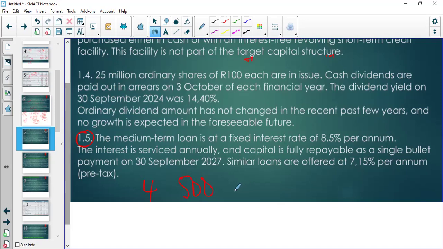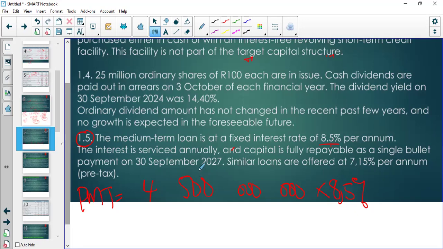I think that's million, right? And it has a fixed interest rate of 8.5% per annum. So if I multiply that by 8.5%, that's going to be my payment.